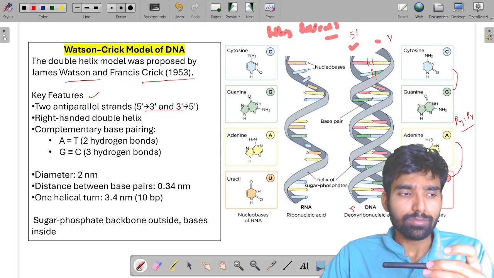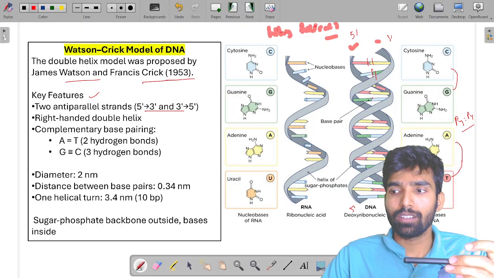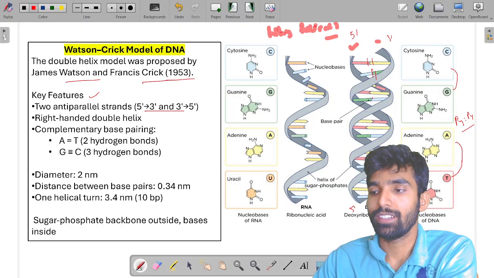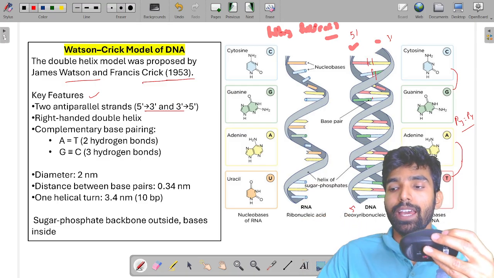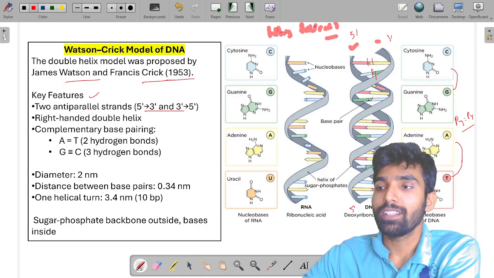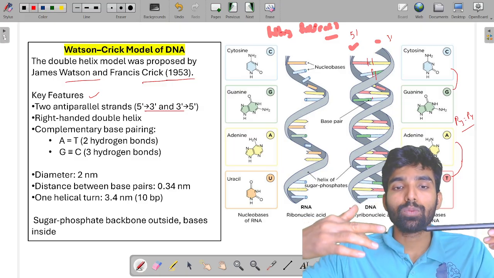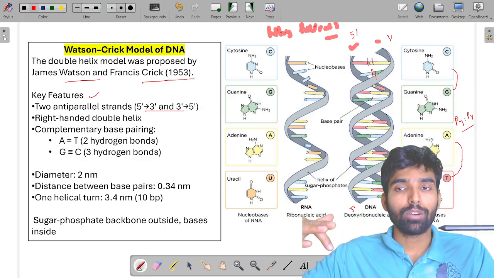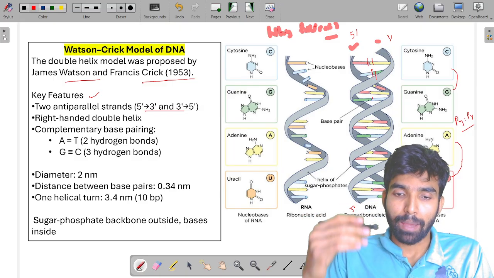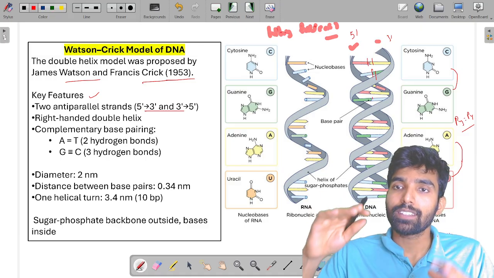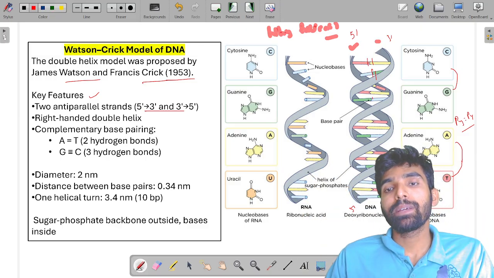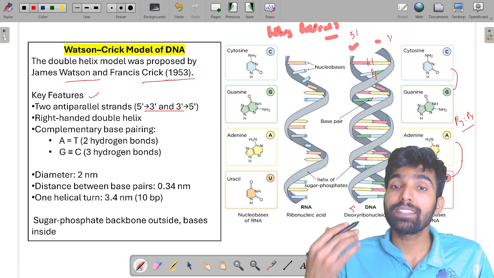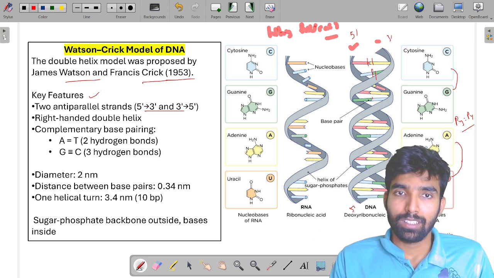If you have two large ones, this much gap will be there, and similar large groups will also not be accommodated. So the packing should be such that the bases are accommodated properly and make the molecule stable instead of unstable.